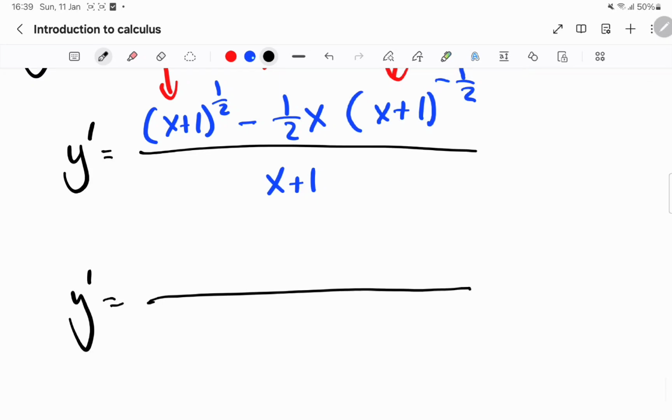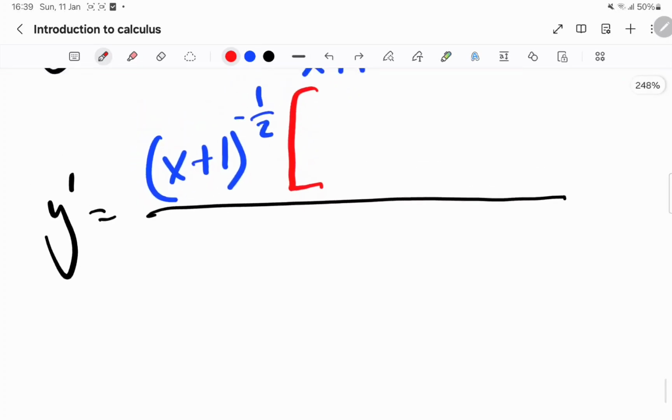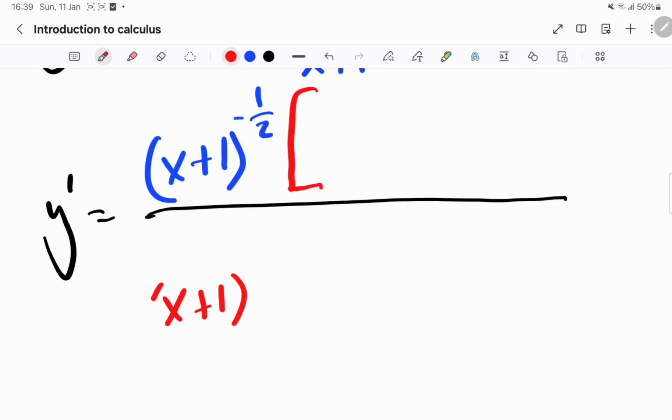Do that. We have x plus 1 to the negative a half multiplied by, oh, what happens over here? You guys gotta tell me. Wait, I'll do it over here, just for the sake of doing it.